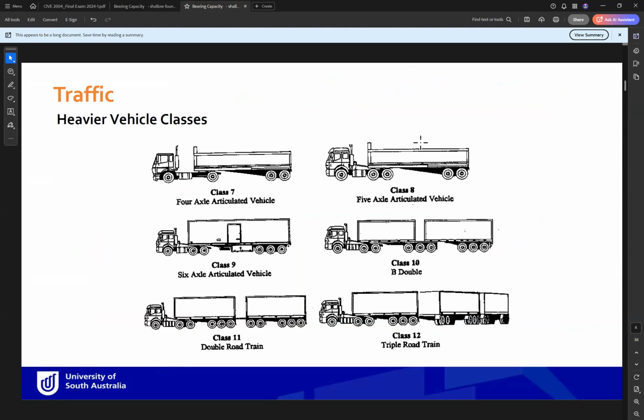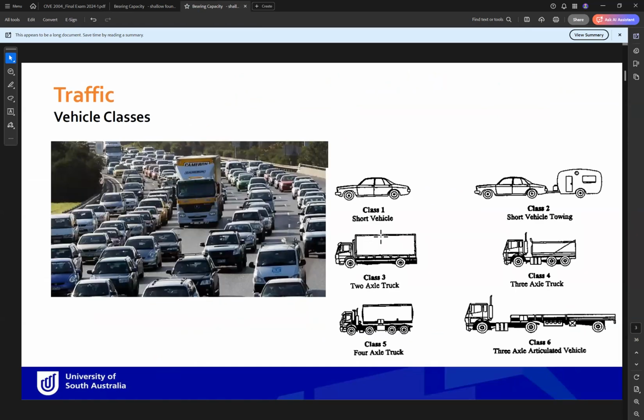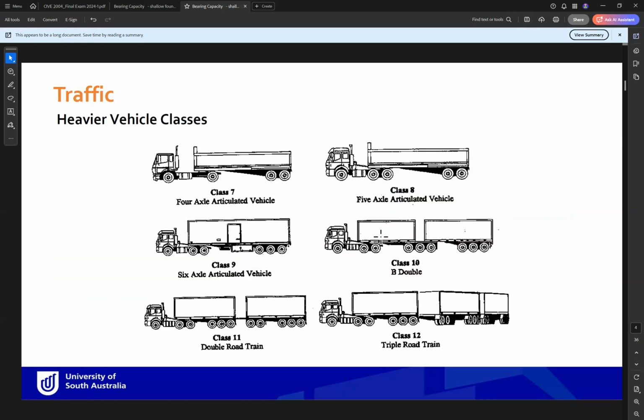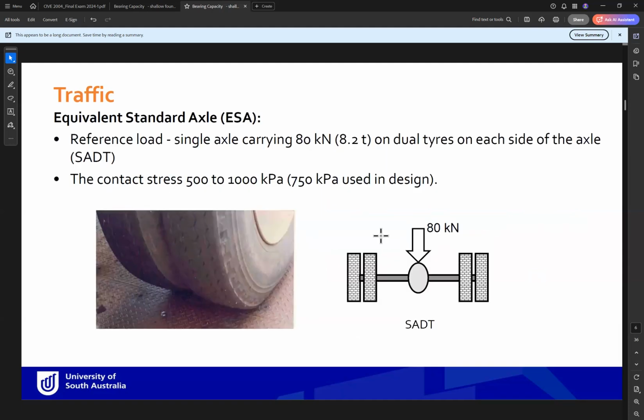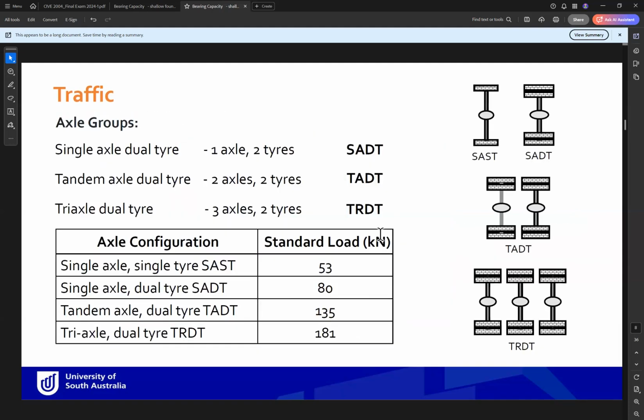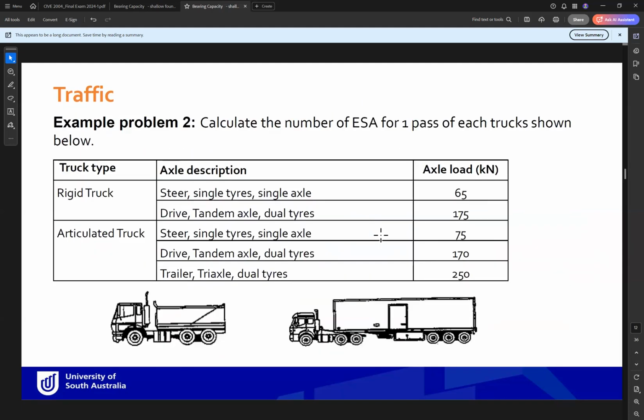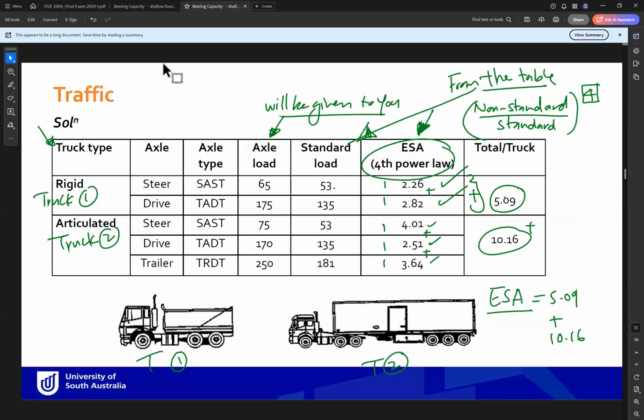So these are all the trucks you may expect in the test. After steer and drive, it just goes trailer 1, trailer 2, trailer 3, etc. The name doesn't matter, but the main thing is the type of this axle.